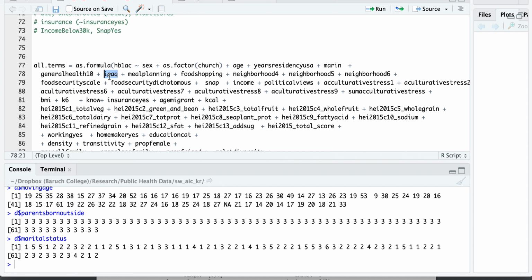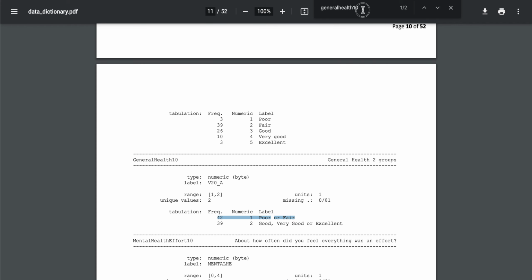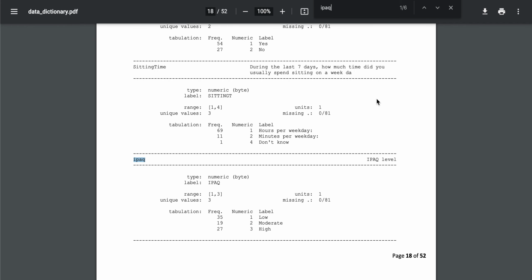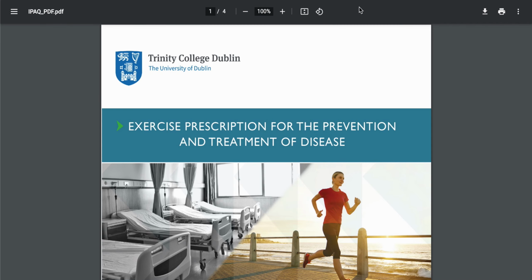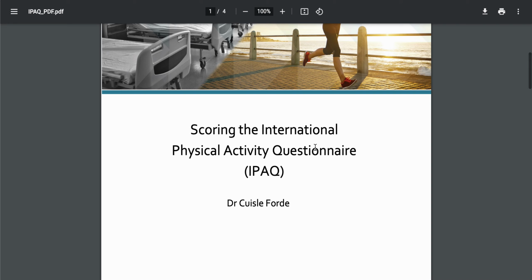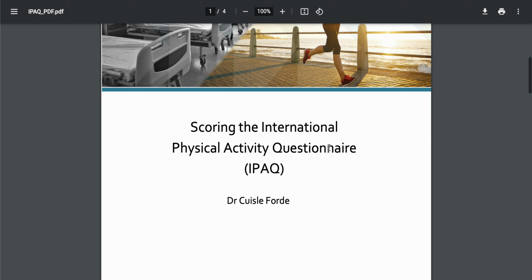And then we have IPAC. What is IPAC? It's a level. Again, we can look at what it is. Okay, so it is the international physical activity questionnaire.